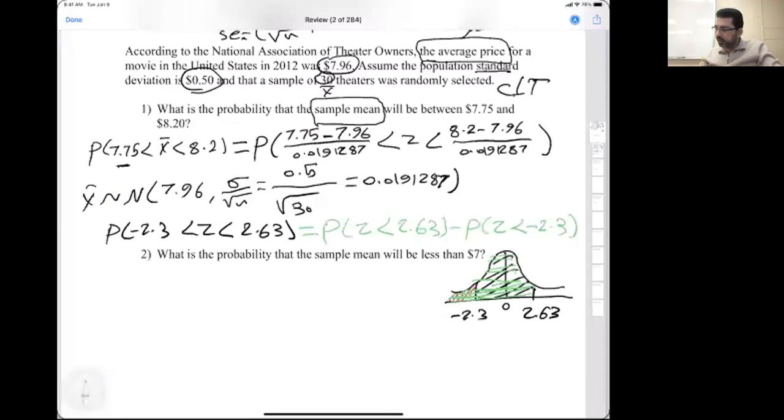So again, we subtract the small area from the large area, and the result will be the area between these two points. Of course, we can find these two probabilities from the table. Let me share the table with you.